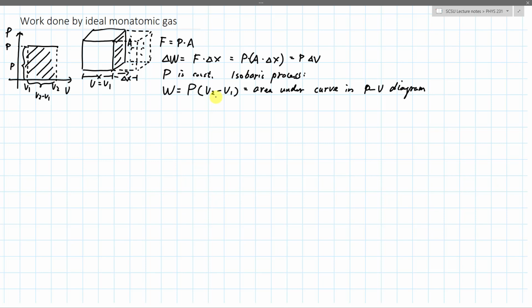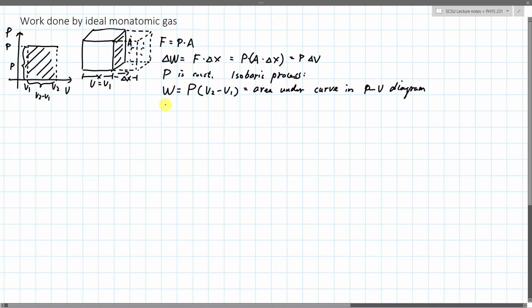So what about another process where V is constant? This is the isovolumetric process. Iso and volumetric, so the volume doesn't change.